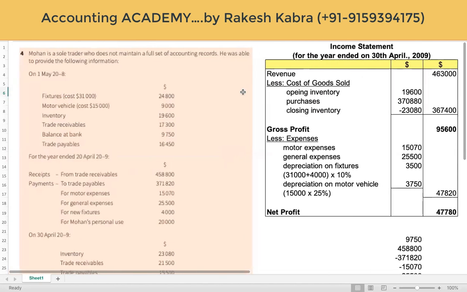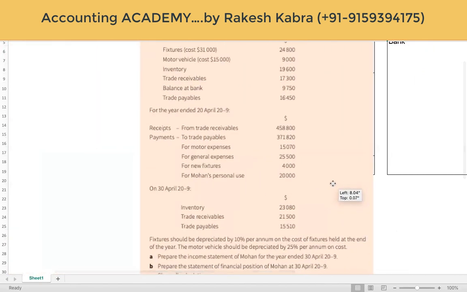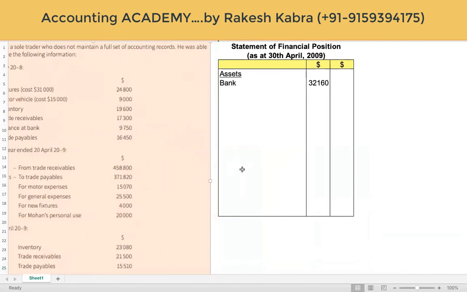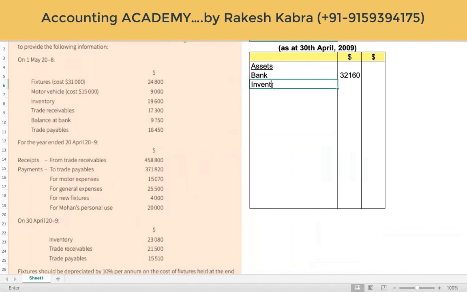Then next I will take inventory. Last date we have inventory, what is the value? 23,080. Then I will take trade receivables.